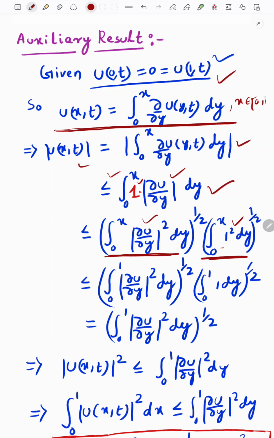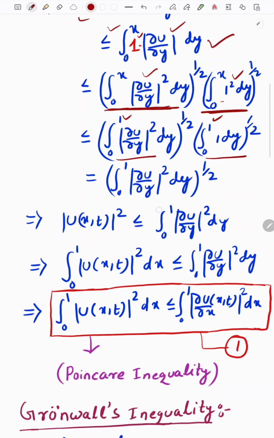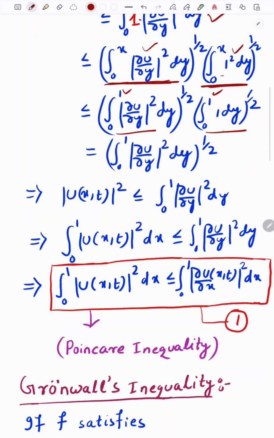So if I put the highest value 1, then this integration can be bounded by this, and this integration can be bounded by this, because I am taking the upper limit and my integrand is a non-negative quantity, so taking the upper limit is no harm. Okay, so I reach this point, and this value is 1.